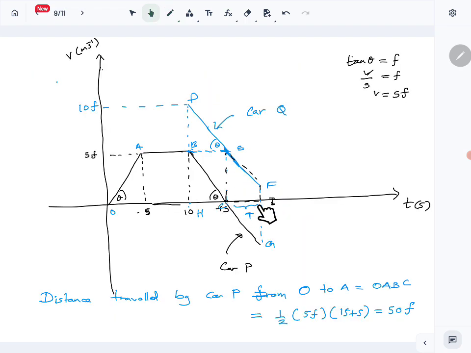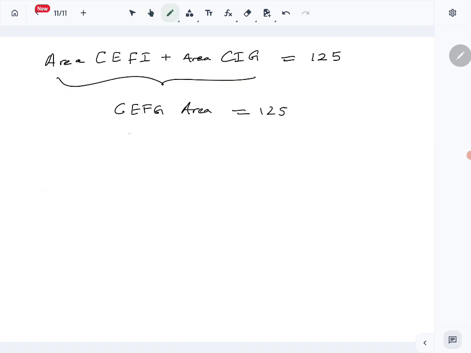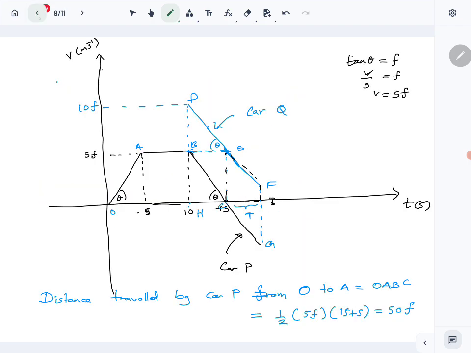So then what is the area of a parallelogram? Base into height. Base is 5f, height is capital T, which we want to find. 5fT is equal to 125, and so this is fT is equal to 25, and f we found to be 10. So capital T is 2.5 seconds. Then what do we want to show?